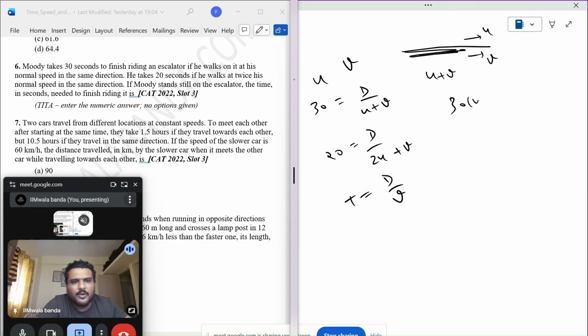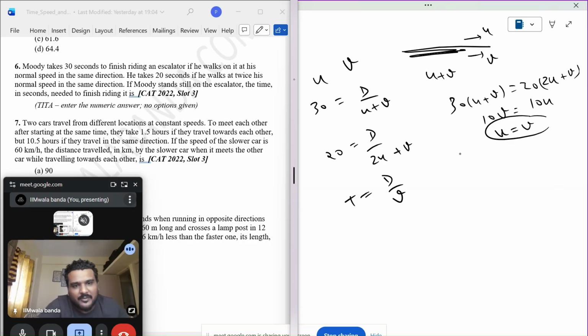Equate D: 30 into U plus V is 20 into 2U plus V. It should not look like 24, okay? Be very mindful of your writing also. So 30U and this is 40U, so 10U, 20V and this is 30V, so 10V. So basically U and V are same.